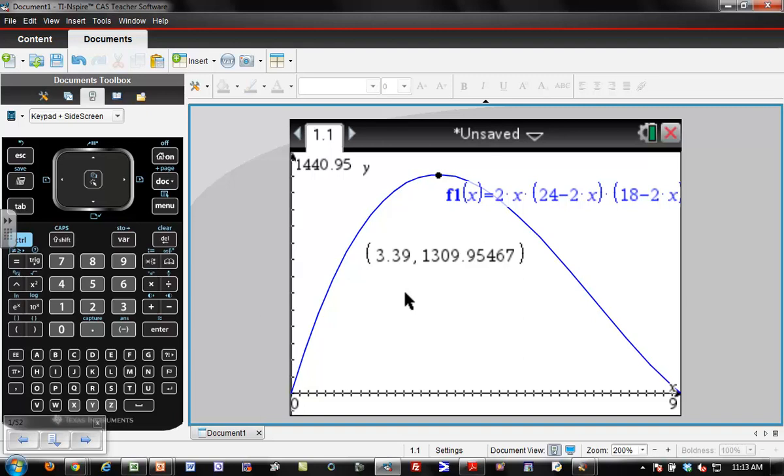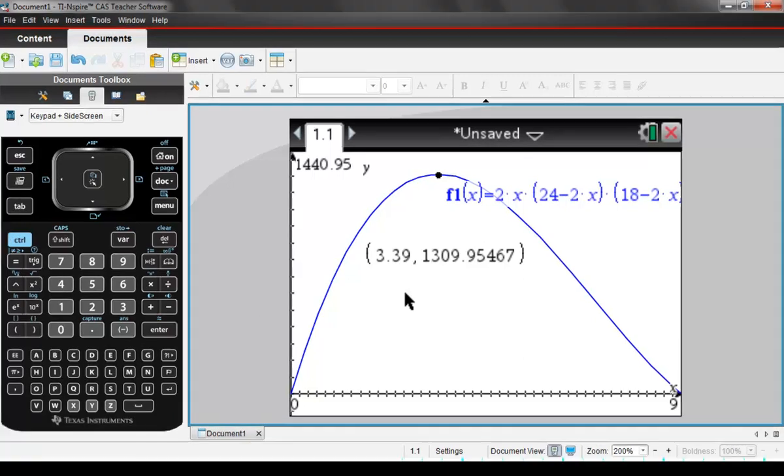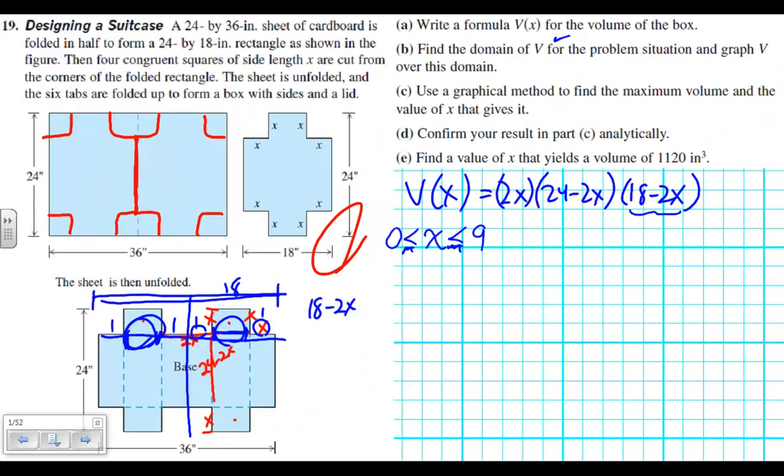The x value is how much of these corners were being cut out. So when x is 0, or really close to 0, the squares that are being cut out are really, really small.